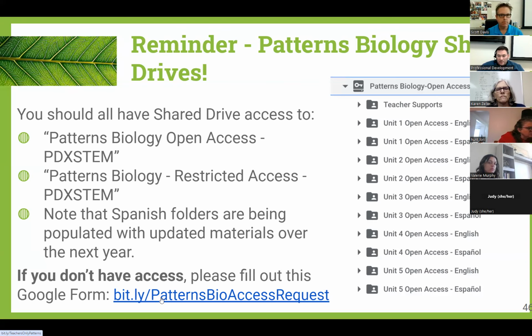Spanish folders are being populated. We have a couple people in Hillsboro. One works at Century High School where I work, and she is constantly translating things and putting them into those folders. As far as when it's all going to be done, Scott and I were talking about this before, I'm not positive, but we're working on it. The main issue is that we're too efficient at what we do and we keep fixing things.